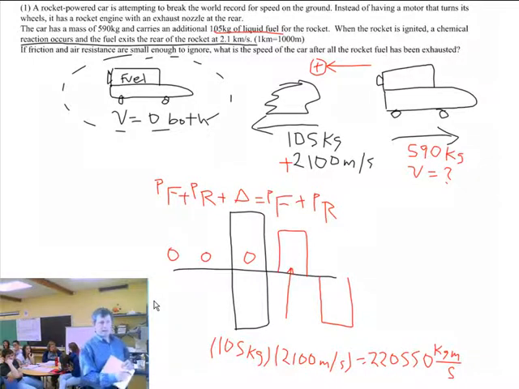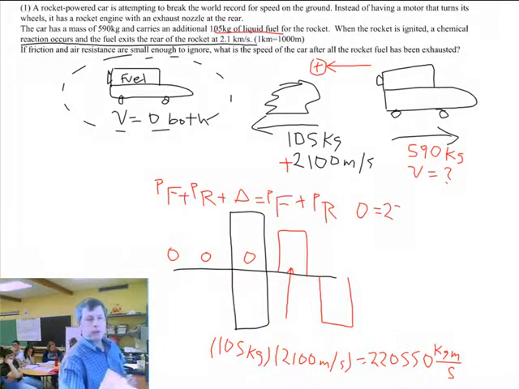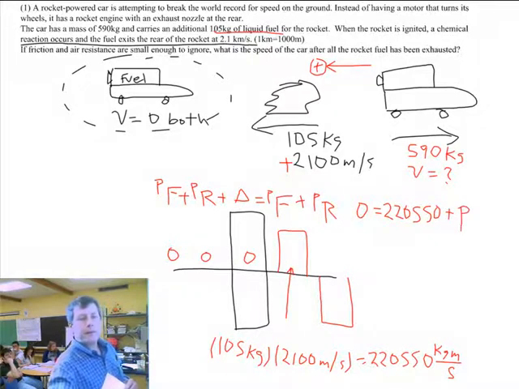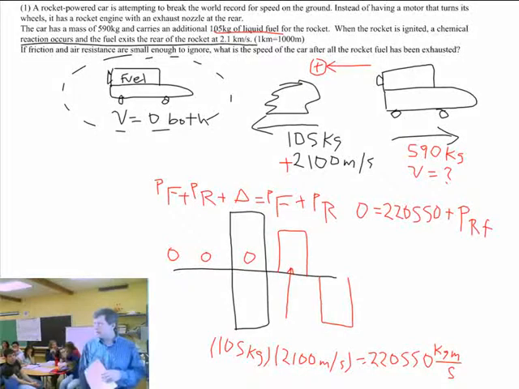Let's do the math. 0 equals 220,500 plus the final momentum of the rocket car, which has to be the opposite.